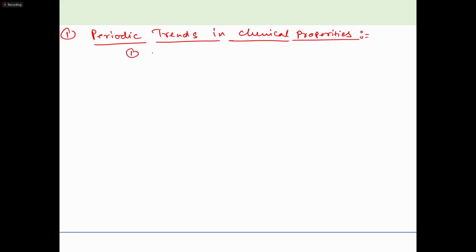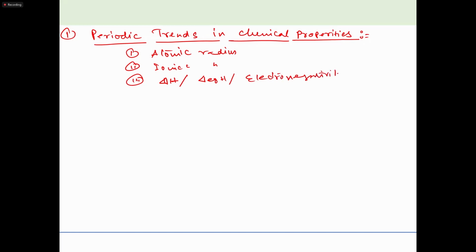Basically, we have learned about the atomic properties, atomic radius, then ionic radius, and also ionization enthalpy, delta H, electron gain enthalpy, and also the electronegativity. So these are actually the physical properties.